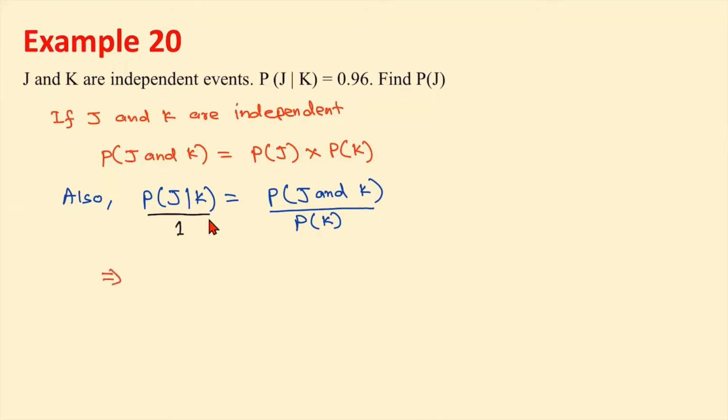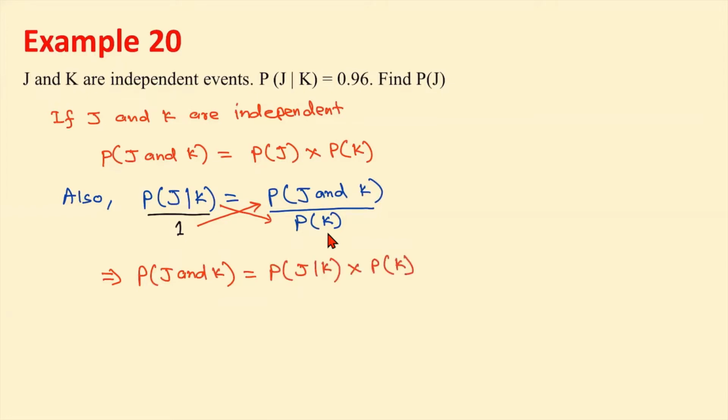So what I mean by that is I can multiply 1 times that, which will be probability of J and K is equal to, and if we multiply this side, that will be probability of J given K multiplied to probability of K.